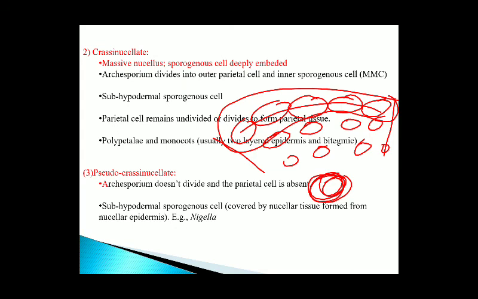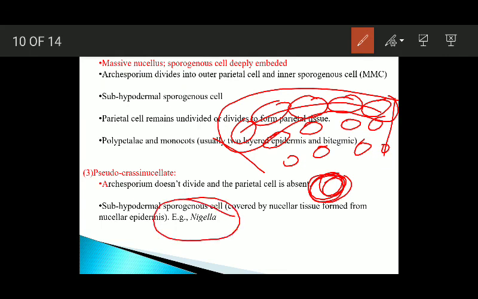This condition is specifically present in some plants, like Nigella. So the pseudo-crassinucellate condition is that condition when the sporogenous cell becomes embedded within the nucellus due to the division of the epidermal nucellar layer.